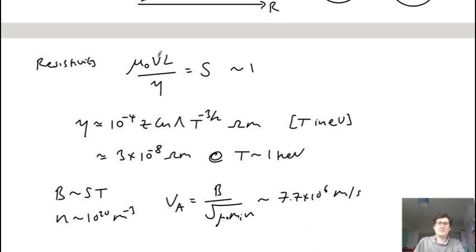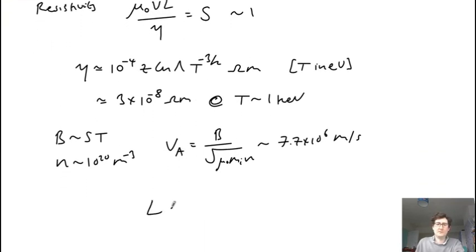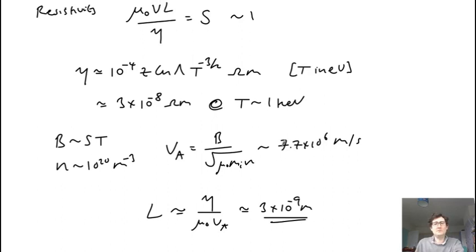And so you can use this as typical V. So we now have a value for eta and for V, and so we can work out what length this should become important. This gives the typical length scale when resistivity should become important, eta over mu naught times the Alfvén speed. This is like 3 nanometers. So these length scales are extremely small when resistivity becomes relevant, and so you need to form extremely small structures for this to become important.